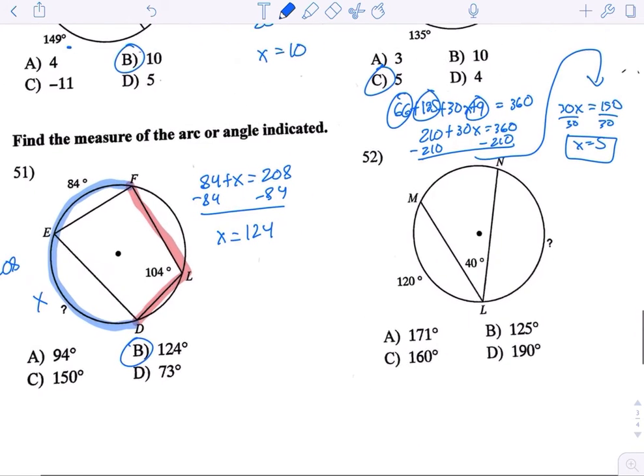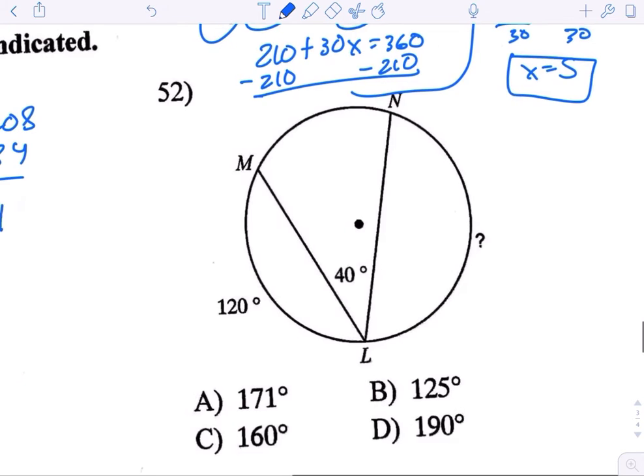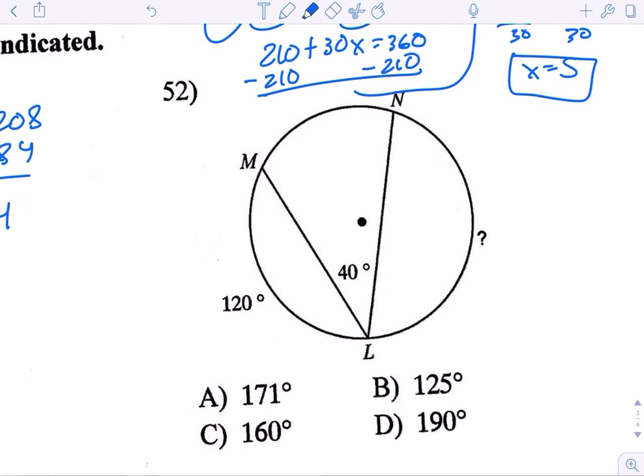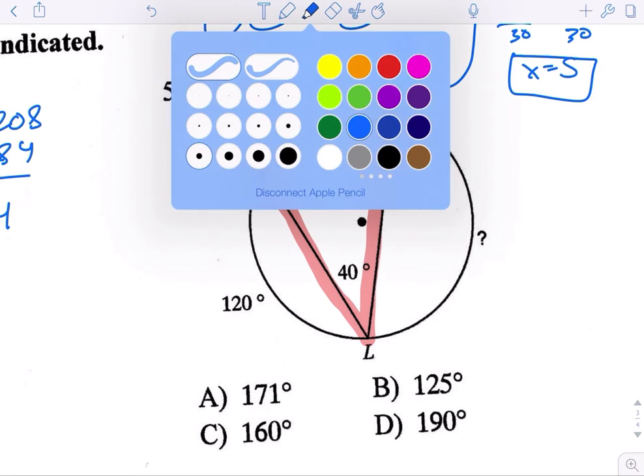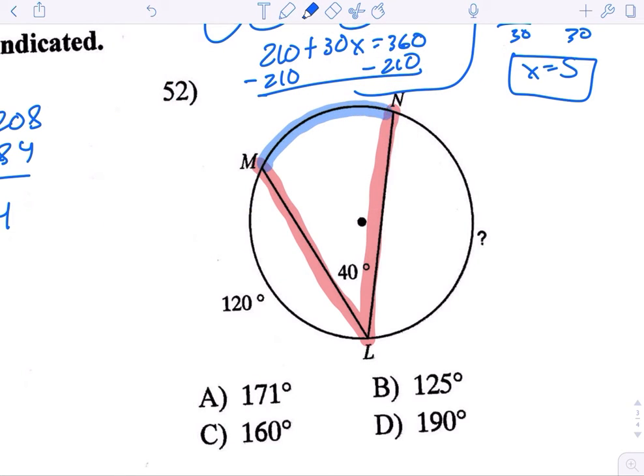Now, if you guys try number 52, this is another inscribed angle right there. So the inscribed angle is half of the arc. So this arc right here, which is in blue, the inscribed angle is half of that, which also means that blue arc is double of that angle 40. So that means this is 80. So we need to solve for that.